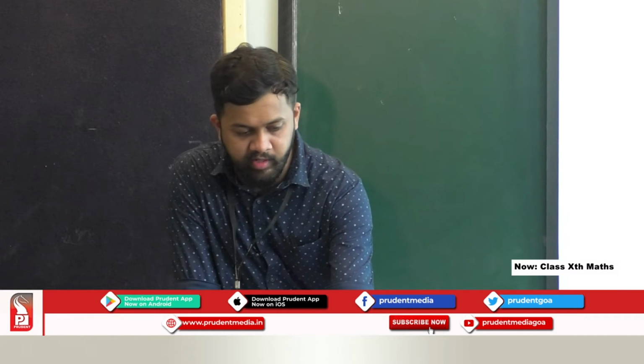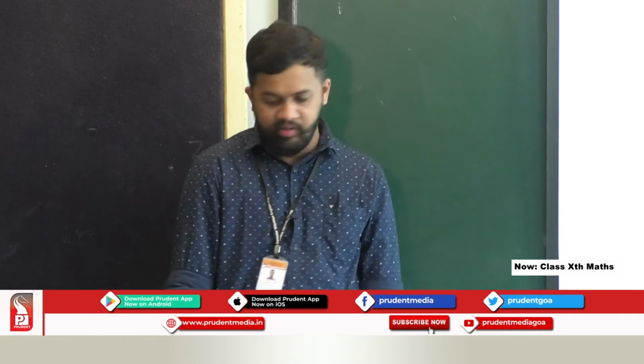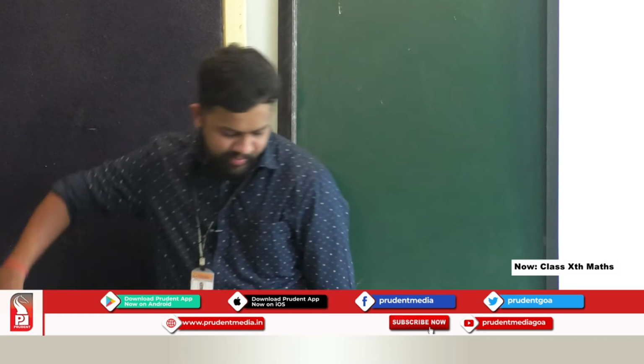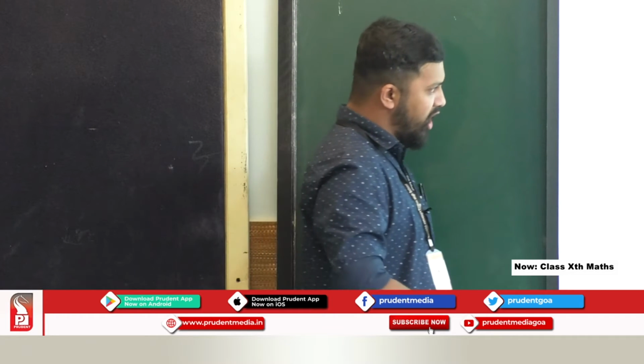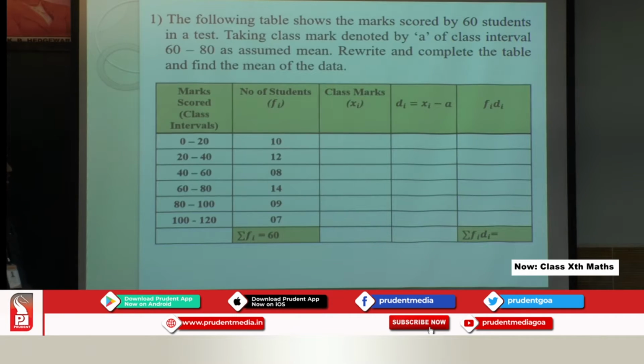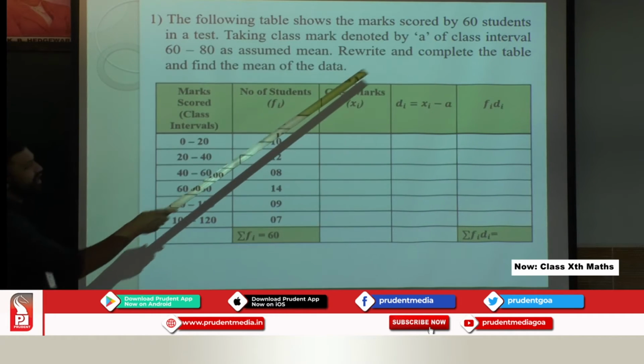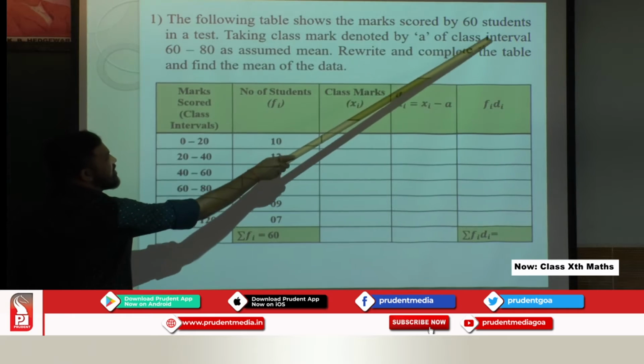So the table will be given to you. Now there is one extra column. Earlier we had 4 columns, now we have a total of 5 columns. Class intervals are given to you. Fi is also given. The total is also given here, 60. If the total is not given, you can add and find it, or the question itself tells you 60 students.